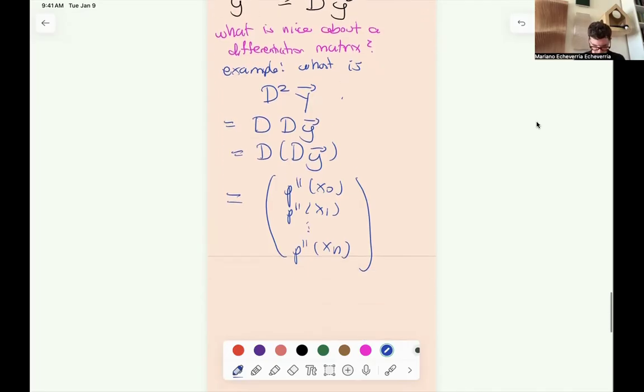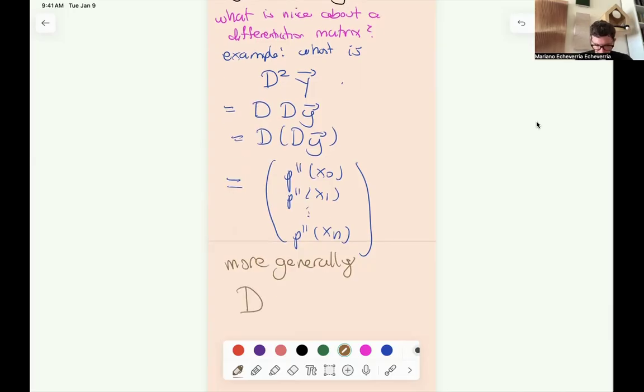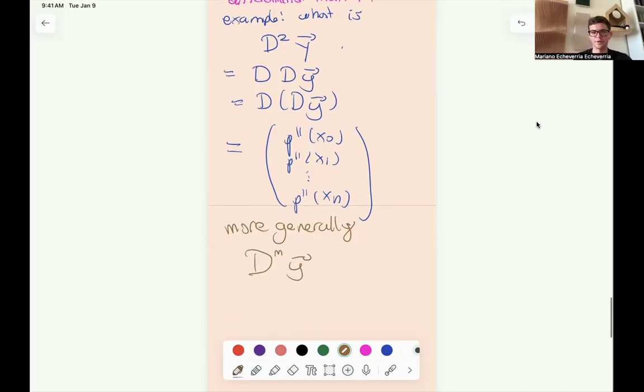More generally, if you take the differentiation matrix to some power m and multiply it times the vector y, that gives you the mth derivatives of the polynomial at those nodes.